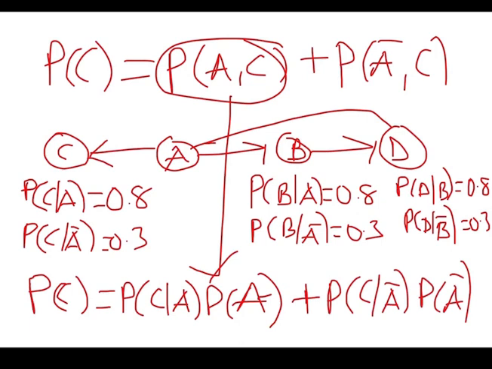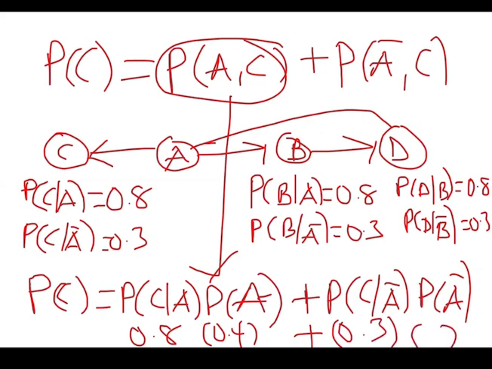I can start plugging in. What is my probability of C given A? You were given that, just plug that in: 0.8. What is the probability of A? You were given the probability of A to be 0.4. You're going to plug that in. Then what is the probability of C given A complement? You can see you're already given all of that.